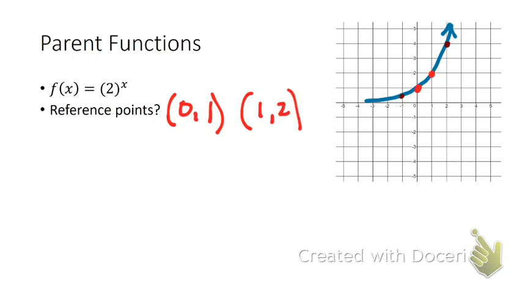I would just point out to you that this number, the 2, is always going to be the y-coordinate for the reference point. Every exponential function that hasn't been transformed starts with a reference point of 0, 1, and then the other reference point is always going to be 1, and then whatever this number is. Now that's when we haven't moved things left, right, up, or down, or stretched them like we will.